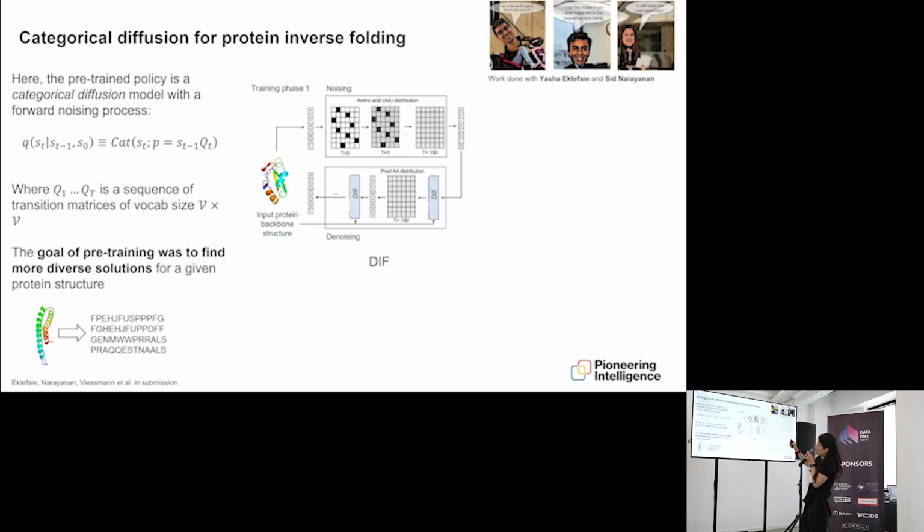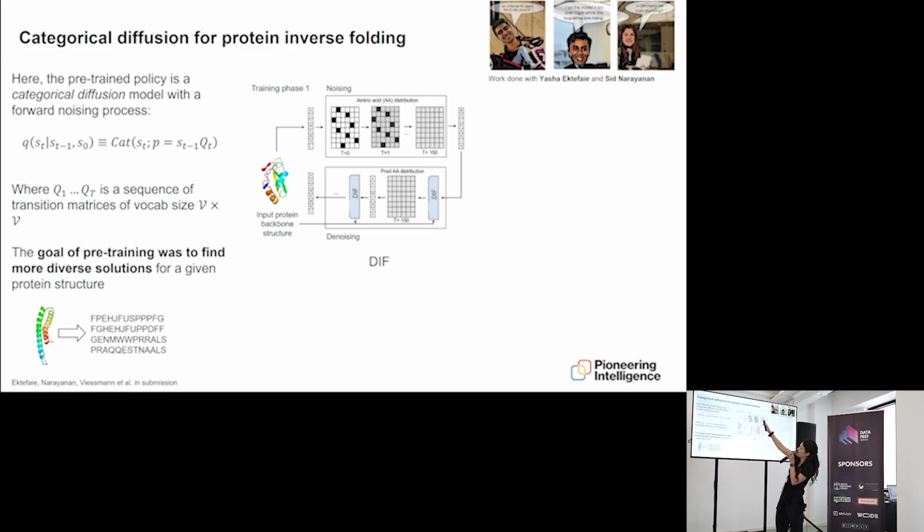So categorical diffusion works, you can imagine it this way. You still have your input structure, and you have an associated sequence from the ground truth. And now you treat this as a noising process, where at each step you are adding noise to your distribution. So you have a one-hot encoding for each amino acid, and you can see at time t0, this is very discrete.